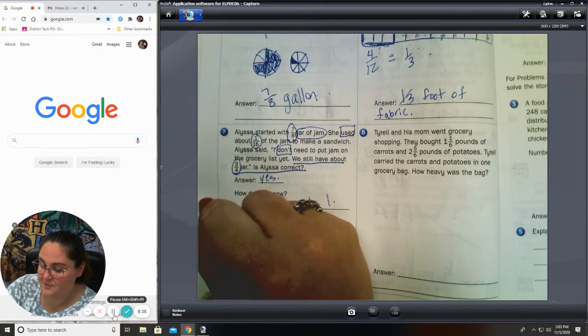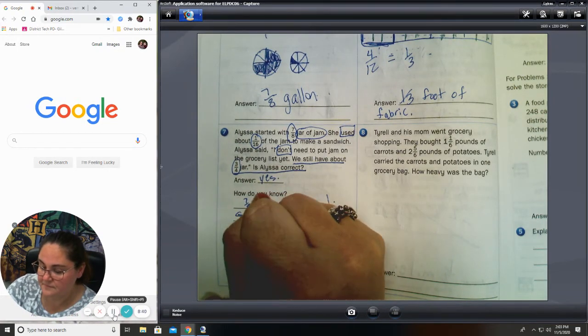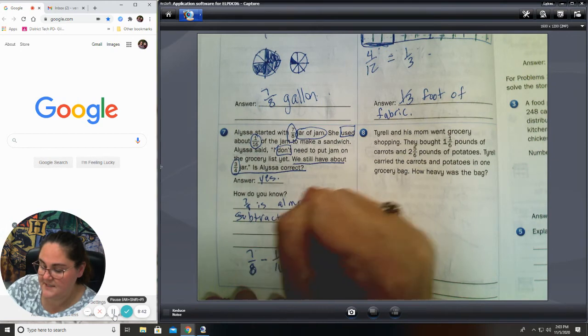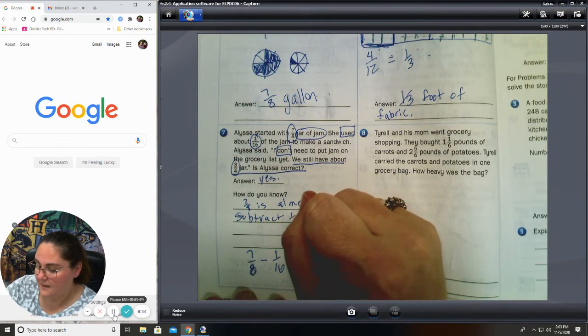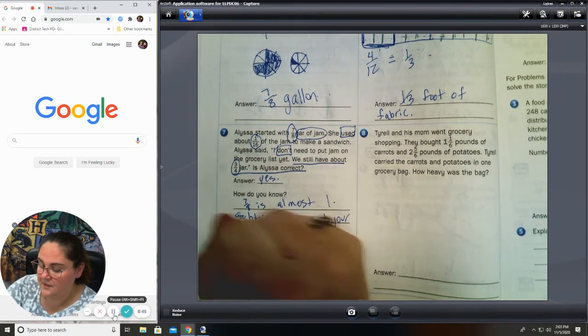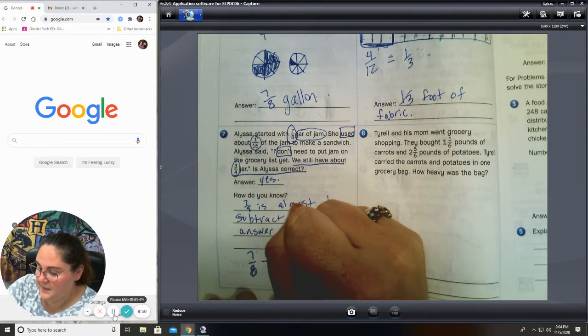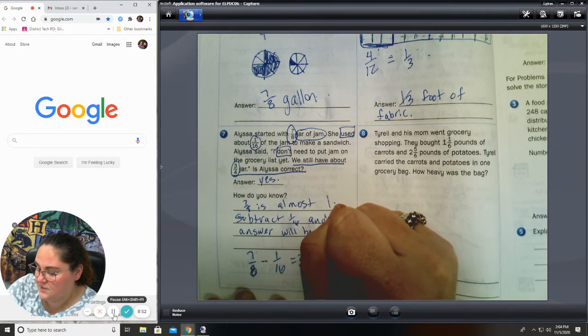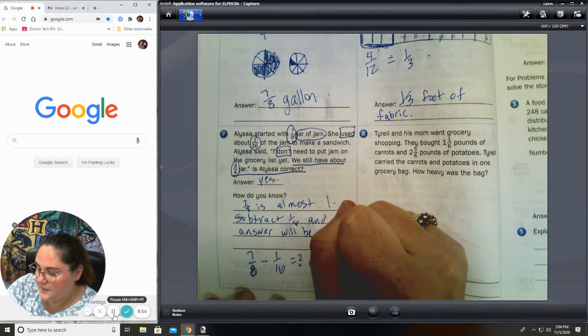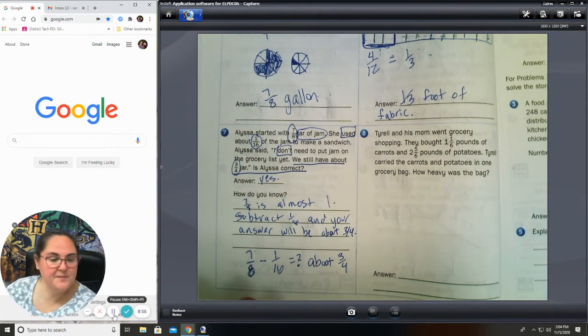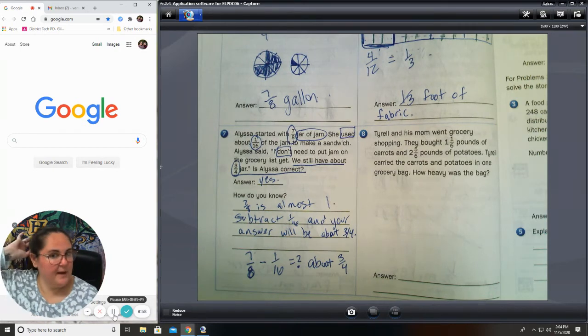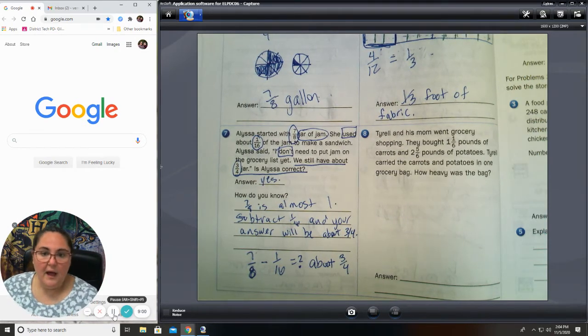Minus or subtract 1/16, and your answer will be about 3/4. Absolutely.